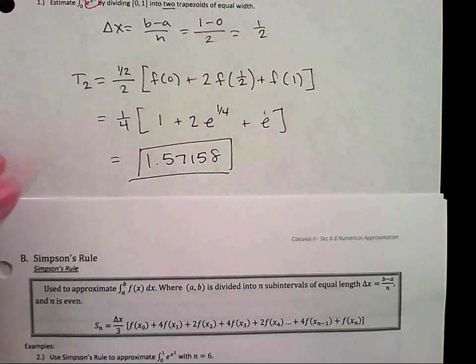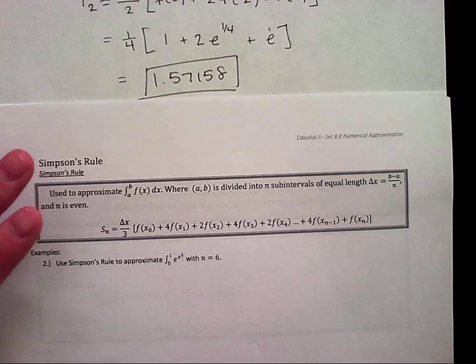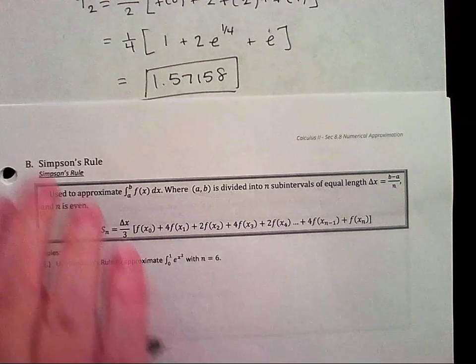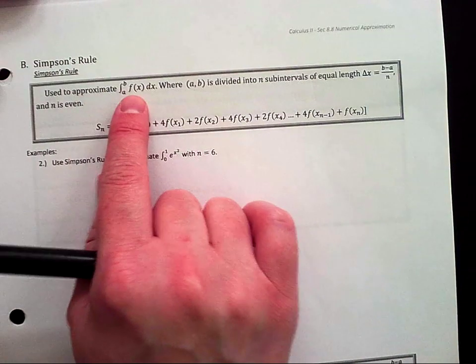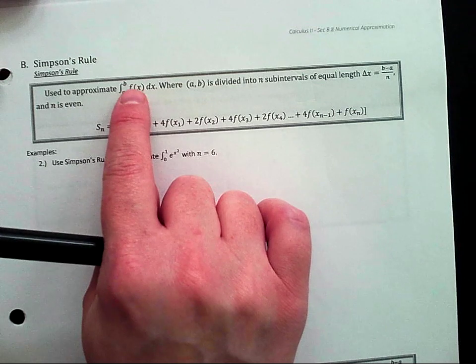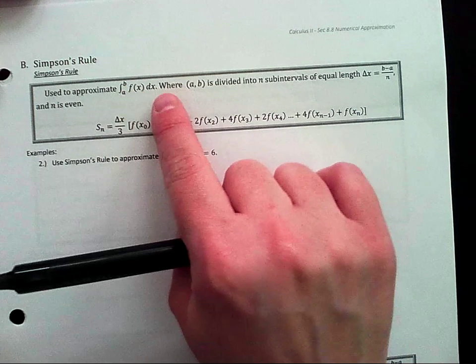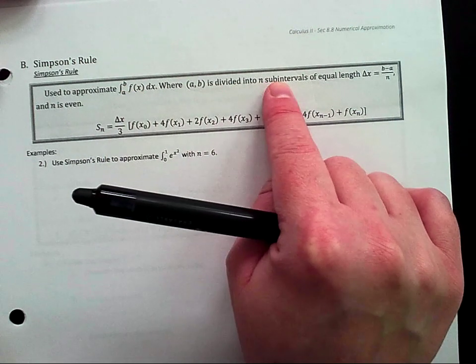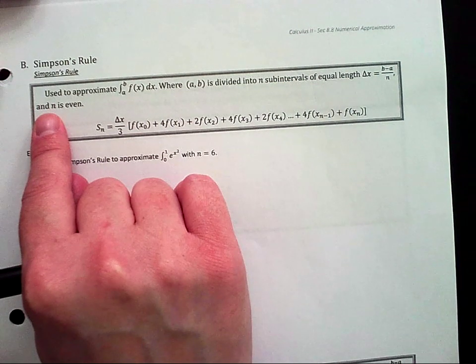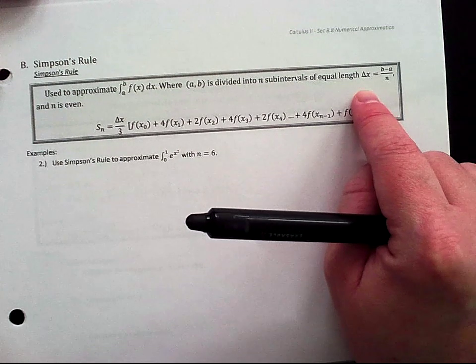Now let's do Simpson's rule. So Simpson's rule is used to approximate the integral, right? My f of x is the function that I'm integrating, where a and b are divided into n subintervals of equal length. So I just copy and pasted this from the previous: n subintervals of equal length, delta x equals b minus a over n.